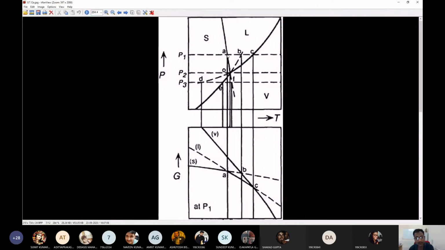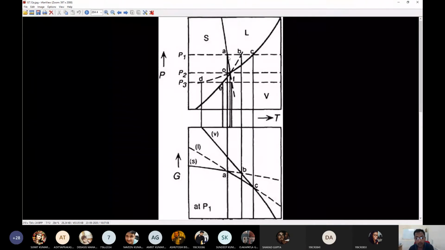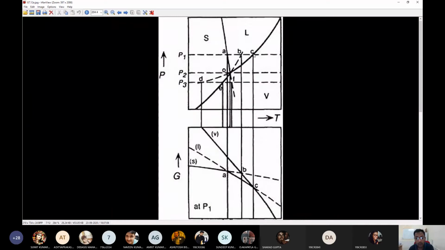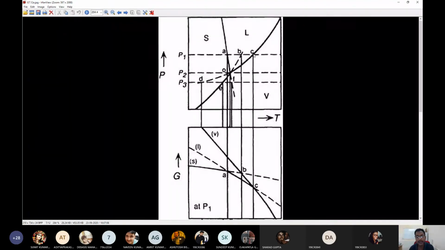And from A to C, from temperature TA to TC, at this pressure the primary phase field is liquid phase. So this constant pressure line actually runs through the primary phase field of liquid. All right. And then for temperatures more than TC, this constant pressure slice actually runs through the primary phase field of vapor.